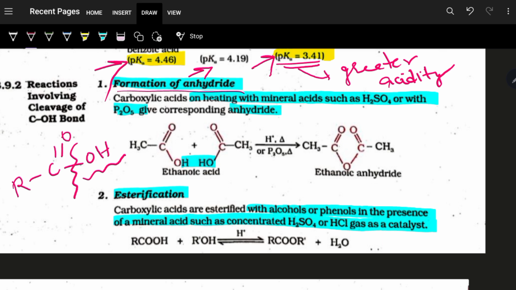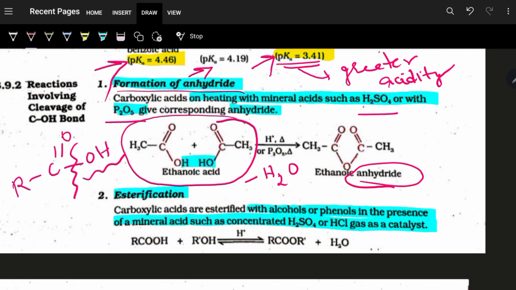This I have already told you, that when 2 moles of acid undergo dehydration, of course in presence of a dehydrating agent like concentrated H2SO4, P2O5 under acidic condition, it is removal of water, which I have highlighted, and you get the corresponding anhydride.